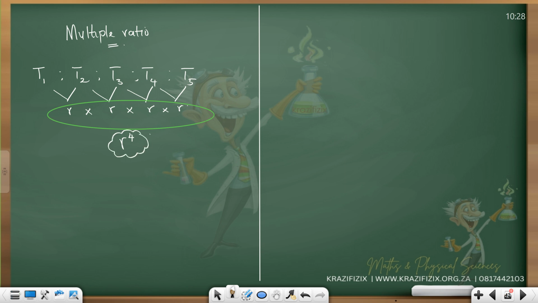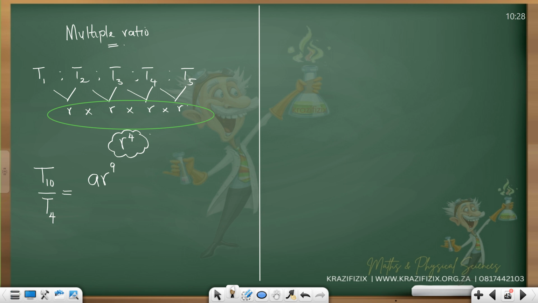What is this telling us? We're going to do something together. If I tell you to solve T10 over T4, let's look at this. Already I can tell you that between the 4th and the 10th one, there are 6 ratios. But let's see. What is T10? A R to the power 9. I'm sure you remember how we got the 9.